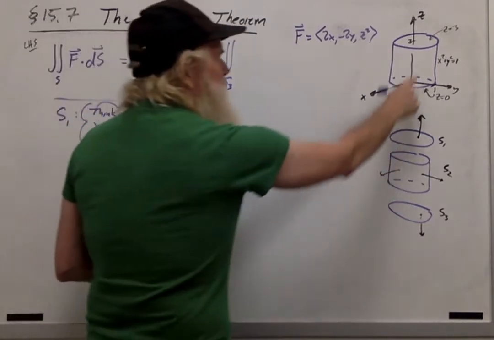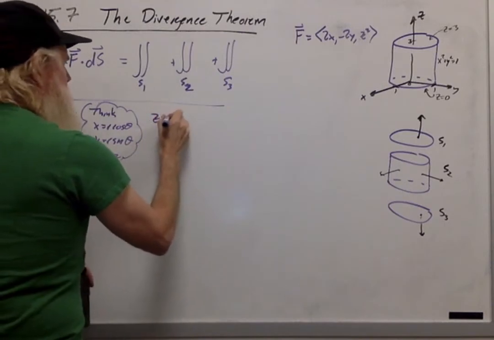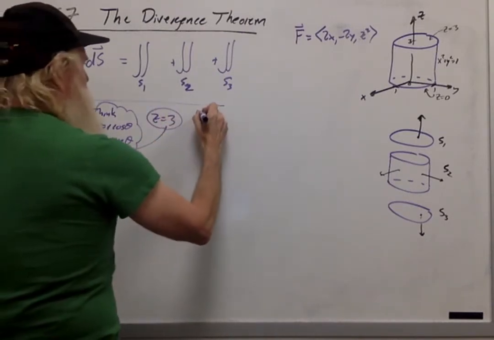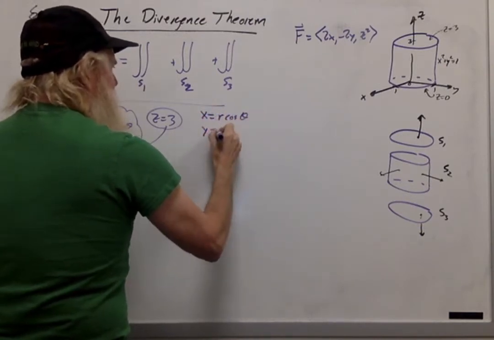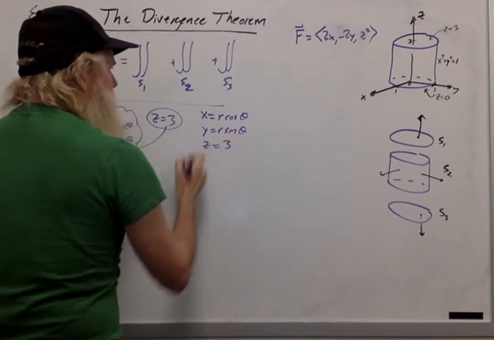But remember, on this top surface, z is equal to 3. So that's all I have to substitute in, and that gives me the parameterization: x equals r cosine theta, y equals r sine theta, and z equals 3.